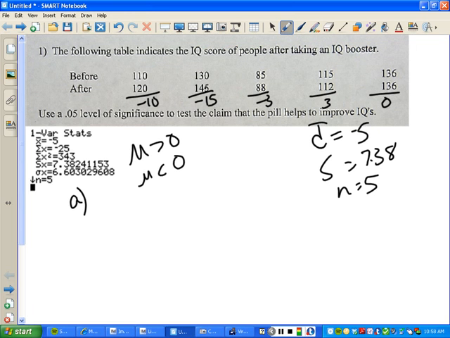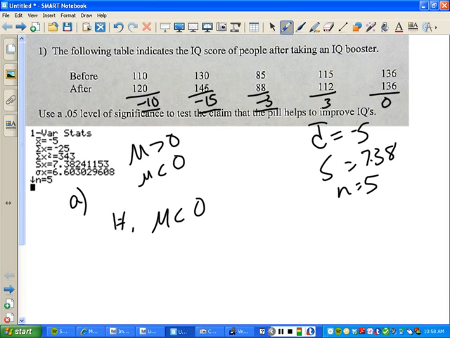If you do it this way, then getting the negative score is good. And so you would say, well, if it helps improve, then what we're saying is that H1 is that mu is less than 0. If you do it the other way, then you'd want to do mu is greater than 0. So as long as your claim fits your math right there, you'll be fine.